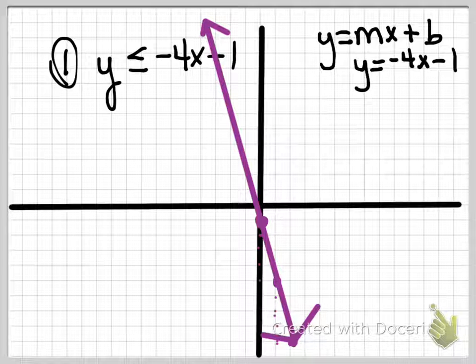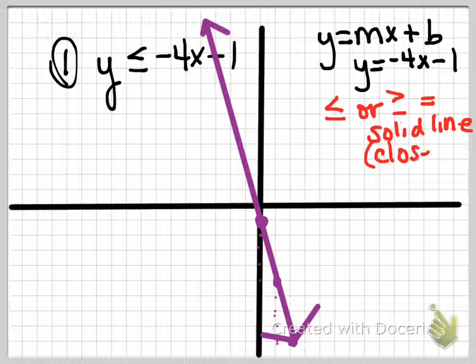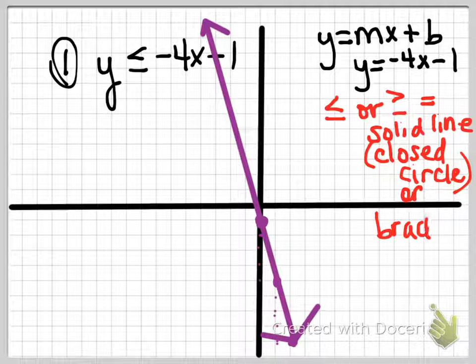So in linear inequalities, if you have a less than or equal to or a greater than or equal to, that is a solid line. It's the same situation you would use a closed circle or a bracket if you learned your inequalities that way.